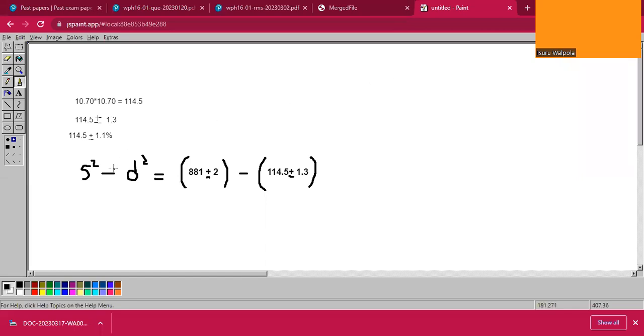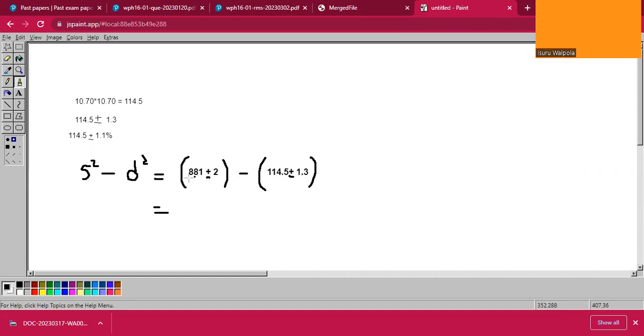Okay. Now S square minus D square is really this, which is given in the question, minus this, which we found in the previous part of the question. So the main value you get as you do normally, 881 minus 114.5. You can see this one has 3 SF, this one has 4 SF.